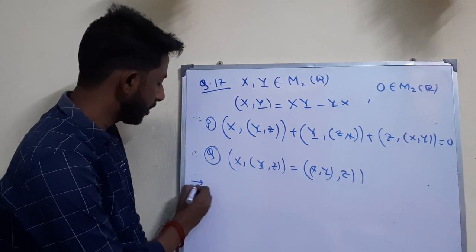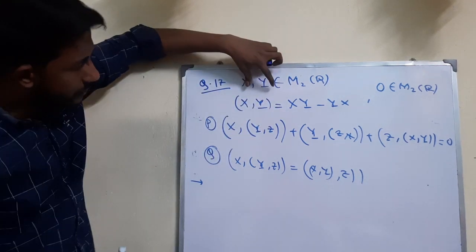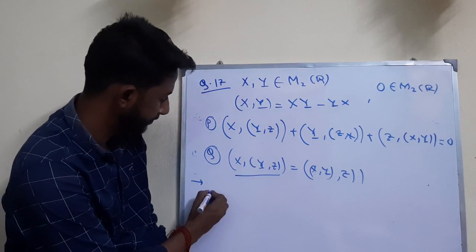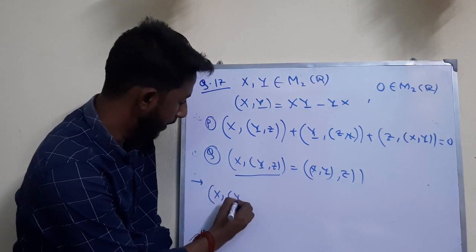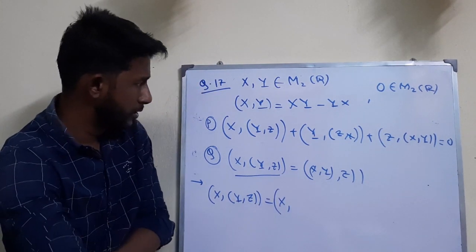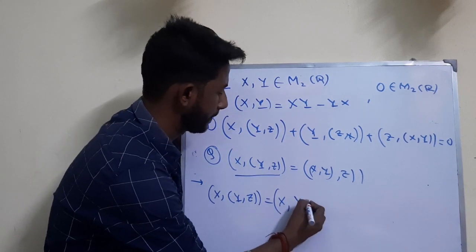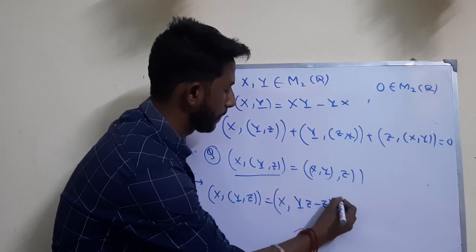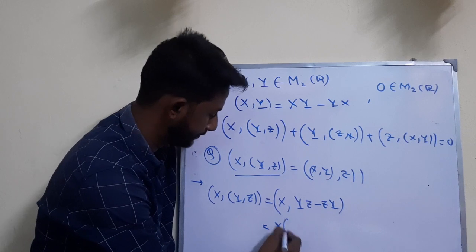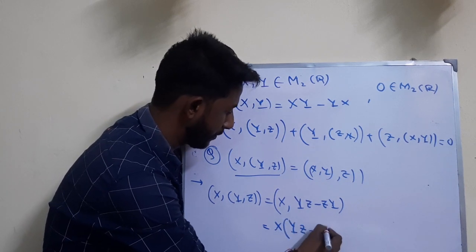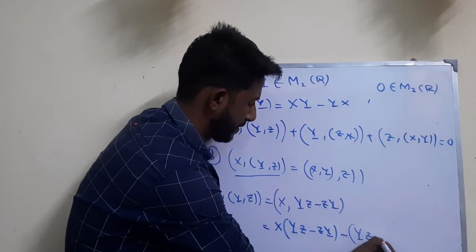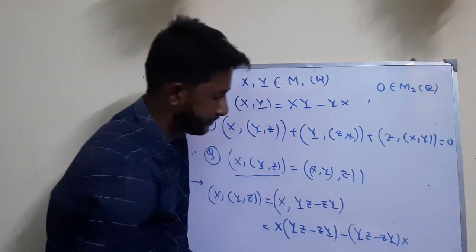First, bracket xy is equal to xy minus yx. So bracket of x, bracket of yz means x times yz minus zy, minus yz minus zy times x.